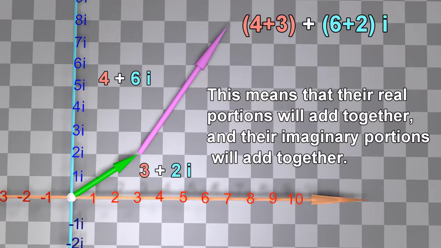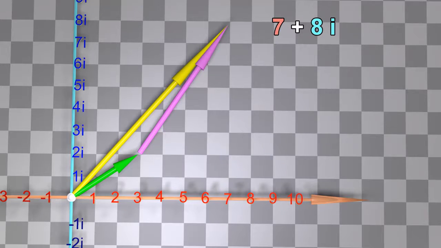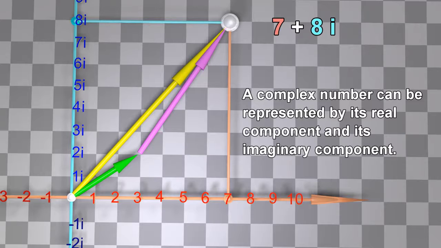This means that their real portions will add together, and their imaginary portions will add together. A complex number can be represented by its real component and its imaginary component.